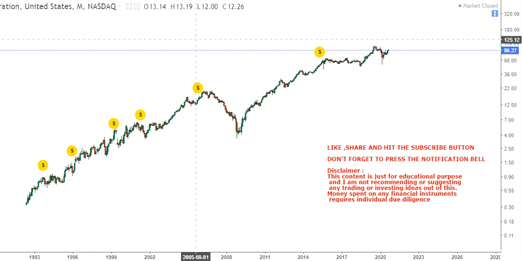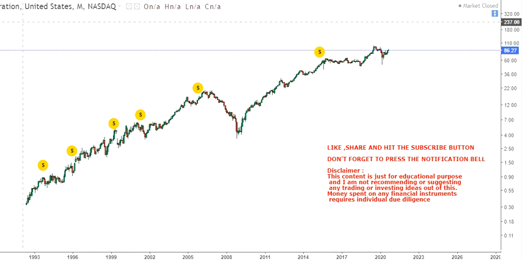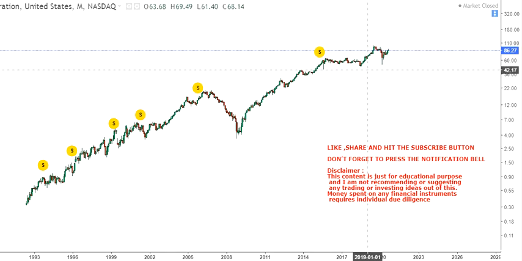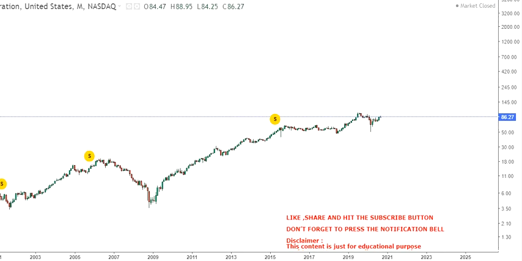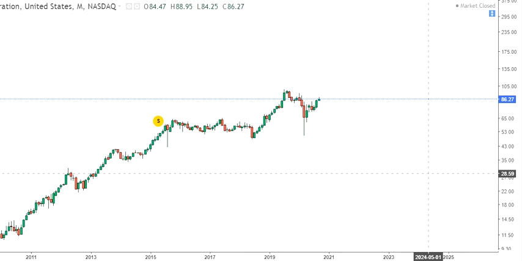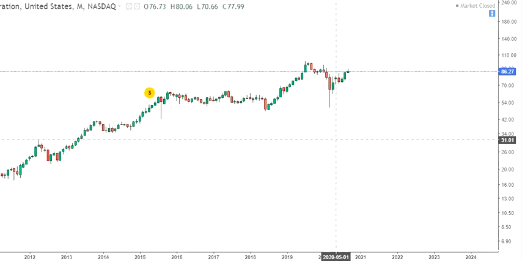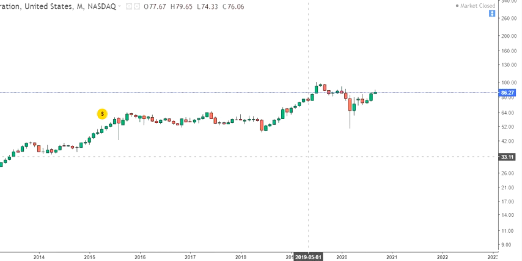If you just look at this chart, let me zoom this chart a bit, because it's a monthly chart, so you can't see much of an impact visually.